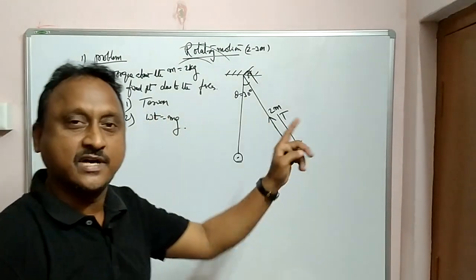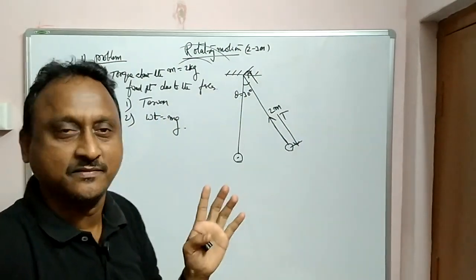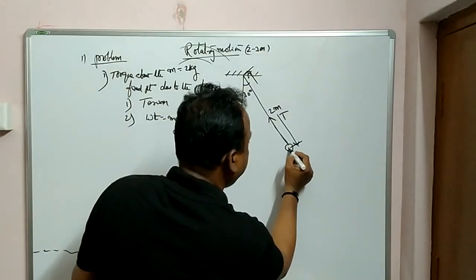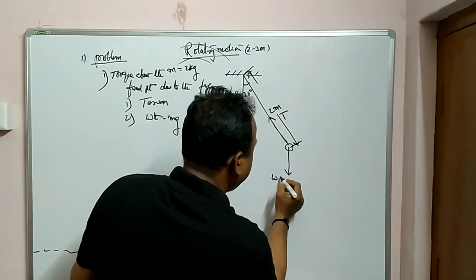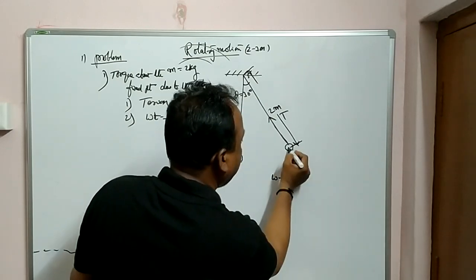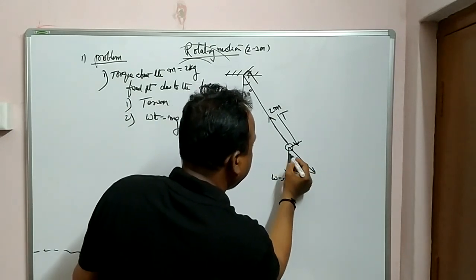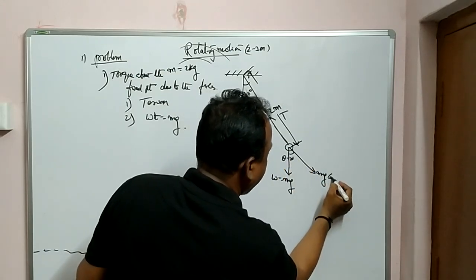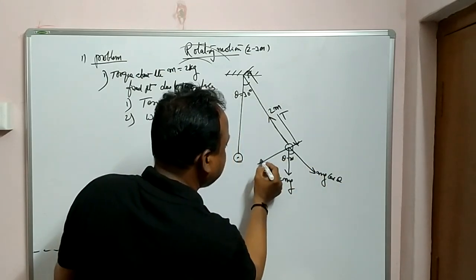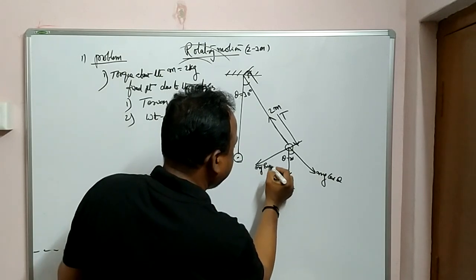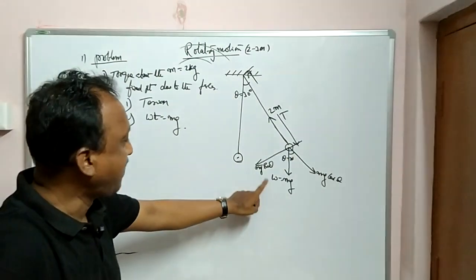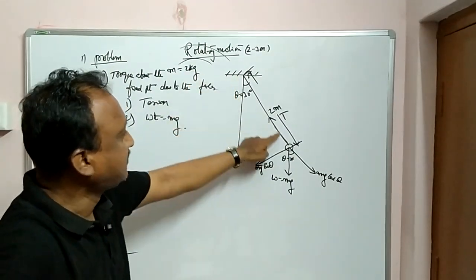So due to these two forces you will be calculating torque about this point. To do that, see the components. Weight is acting vertically downwards, and this is the component of the weight. This is also theta, 30 degrees, and this is mg cos theta, and this is mg sin theta. These are the two components for the pendulum, which has a mass of 2 kgs and a length of 2 meters.